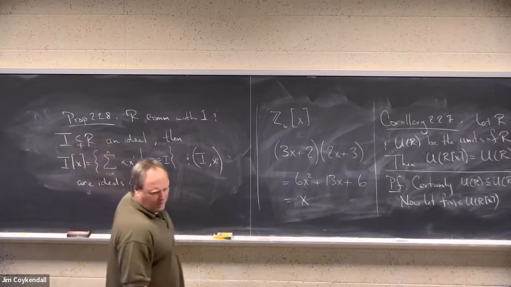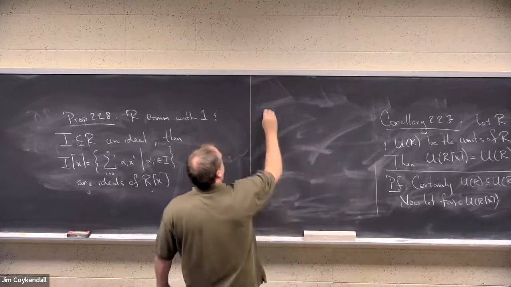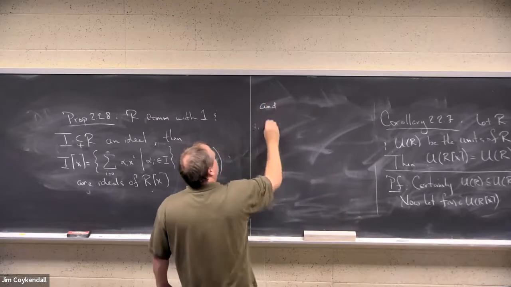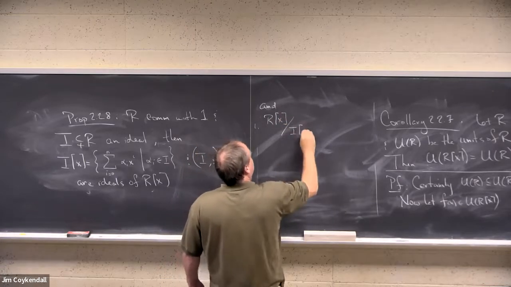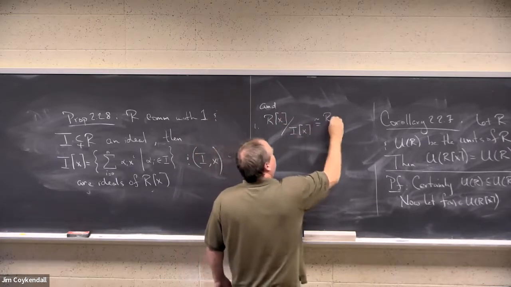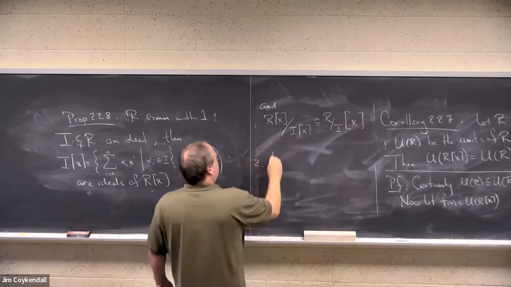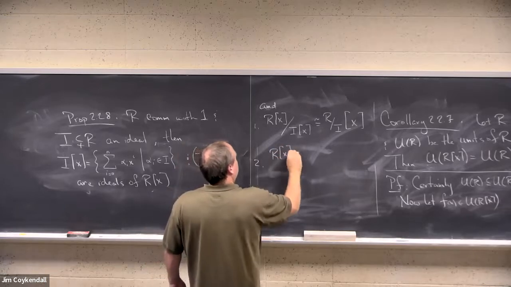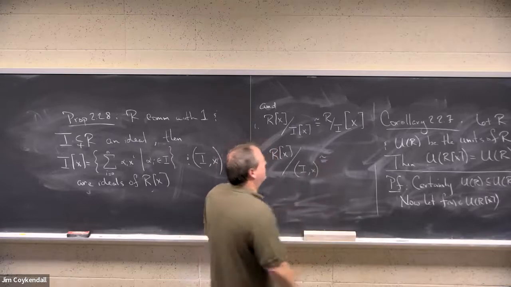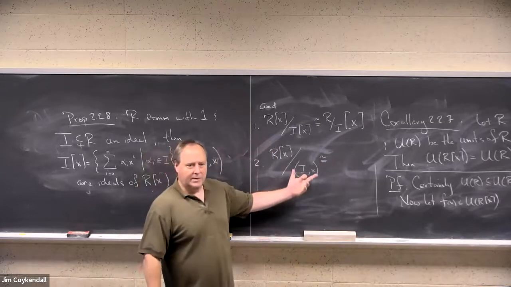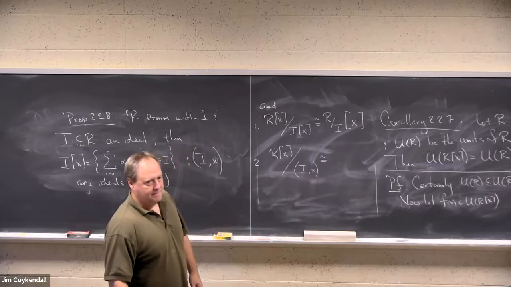And what is more, one, R[x] modulo I[x] is isomorphic to (R/I)[x]. And two, R[x] modulo (I, x) is isomorphic to... Oh, anybody want to guess this one? Right.